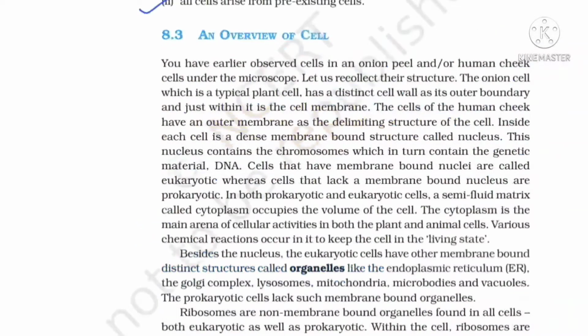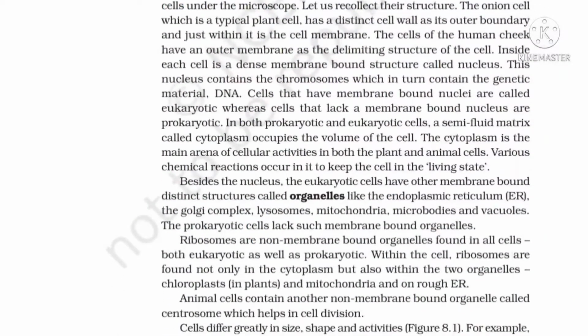Now let us see an overview of a cell. If you see, beta, we are taking one example of a plant, the onion cell, and for the animal cell, the human cheek cell. In the onion cell, we find a distinct cell wall as the outer boundary, and just within it is the cell membrane.